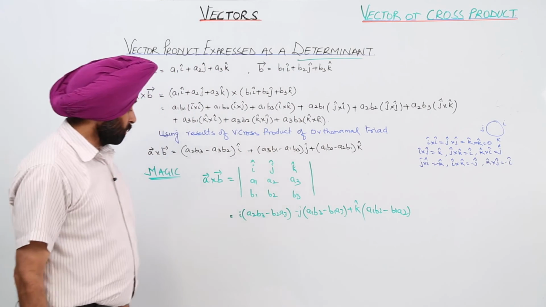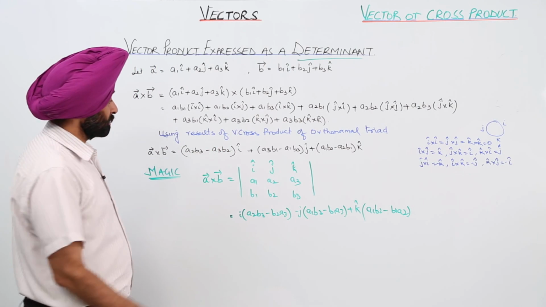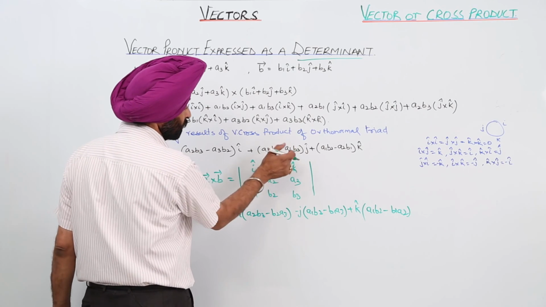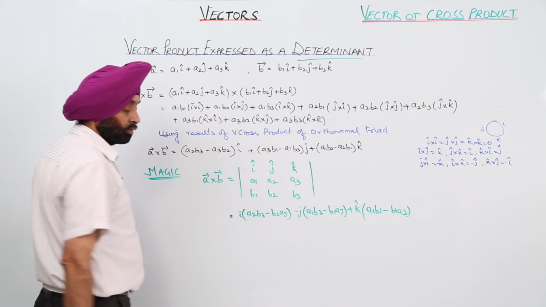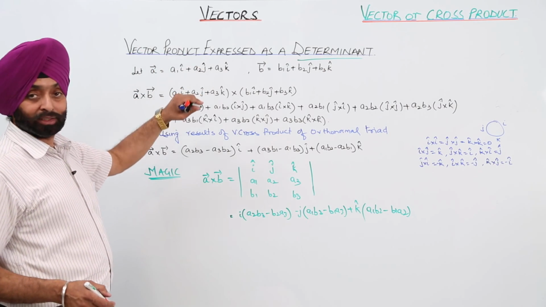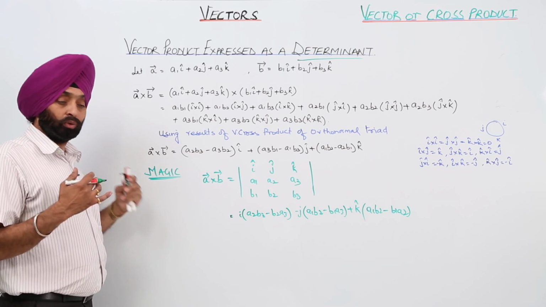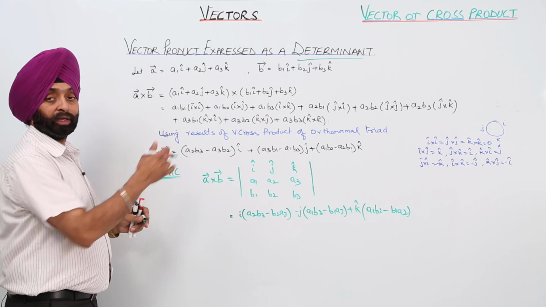Is it clear? So this one and this one are exactly the same. If we just alter this one, then j will be negative. So the vector product is expressed as a determinant, and when we have to evaluate a vector cross product, we can evaluate it by the determinant.